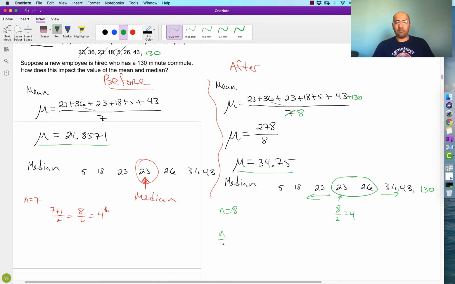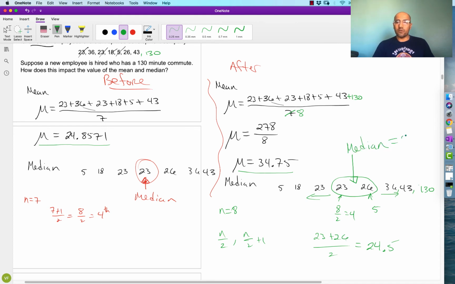That's the formula, n divided by 2, and n divided by 2 plus 1, which is going to be the fifth spot. So we take the 23 plus the 26 divided by 2, and that gives us 24.5. So that's the new median after we toss in the extra worker.